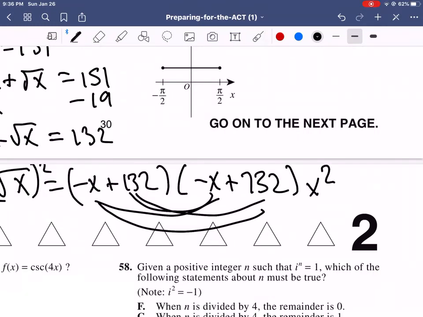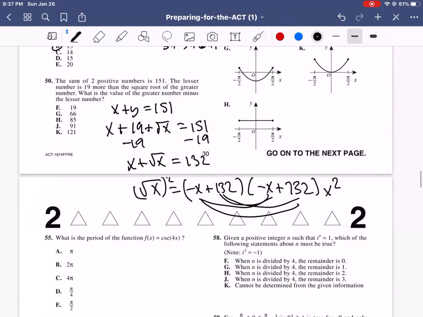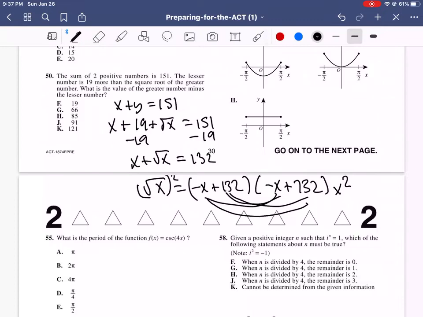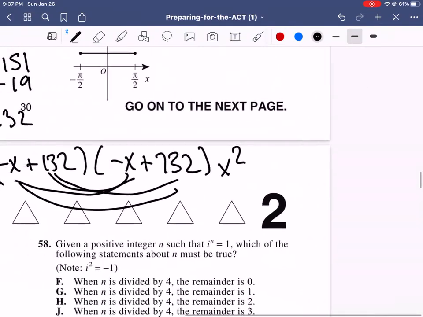I'm just gonna skip this part. This is so much foiling, and I know it's gonna get the right answer because I've done this before. This was the only one that gave me problems. When I looked at it, I was like, "Oh, this is easy enough." And my friend was like, "This isn't easy," and then I did it, and it wasn't easy. So, okay.